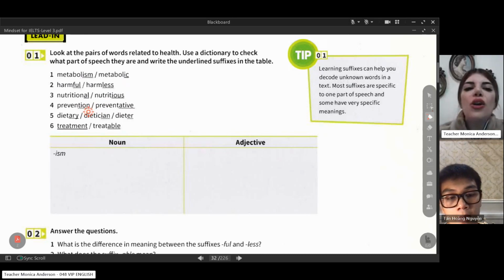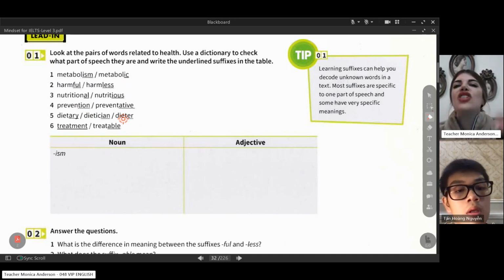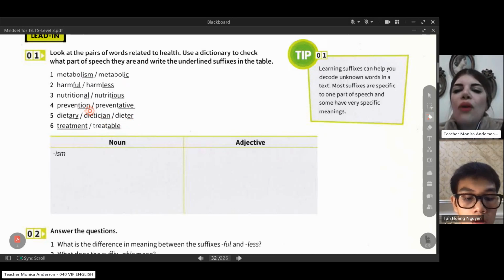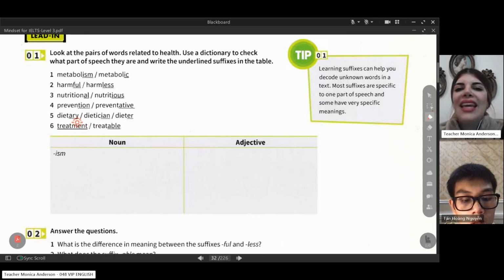And we have tion, and ative, like preventative. Tion is a noun suffix. And ative, like preventative, is an adjective suffix. Then dietary, dietitian, dieter. Er is a noun suffix.